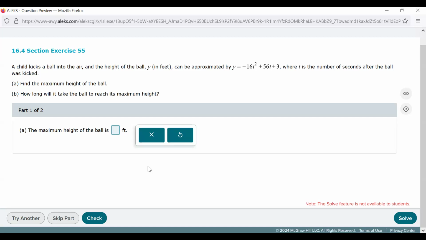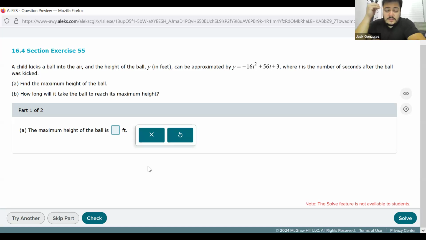Righty. So the child kicks a ball into the air. Height of the ball is y, or your function f, and it's approximated by this function. So t is time in seconds after the ball was kicked. To find maximum height, and how long will it take to reach maximum height?